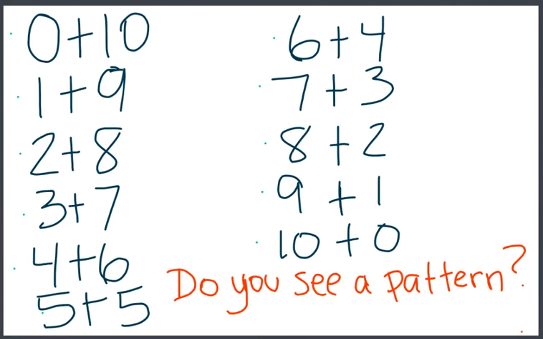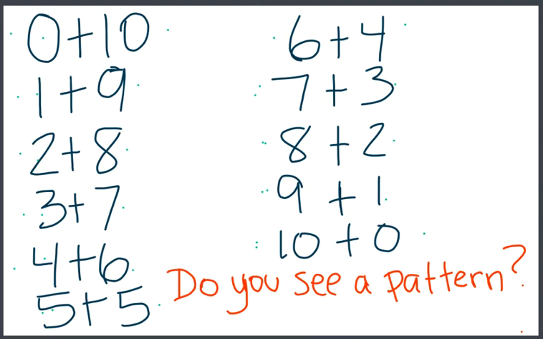They go in order. 0, 1, 2, 3, 4, 5, 6, 7, 8, 9, 10. And on this side, 10, 9, 8, 7, 6, 5, 4, 3, 2, 1, 0. There's a pattern on both sides.